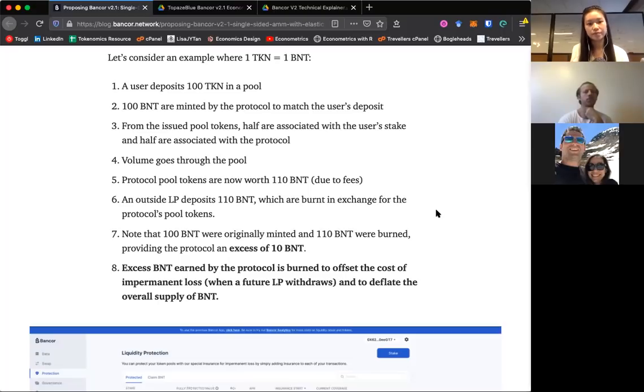Step 2 is the protocol matching that deposit, creating pool tokens as a result of both sides being added as liquidity. Step 3 indicates that half of the pool tokens are allocated for your staked position, and the other half is held by the protocol for different reasons, which we'll get to in a second.